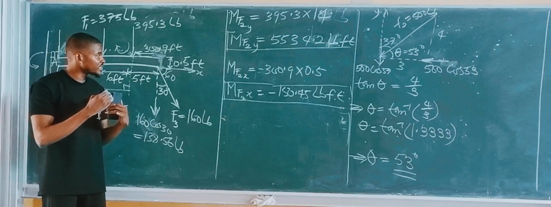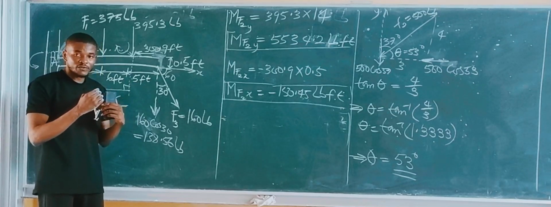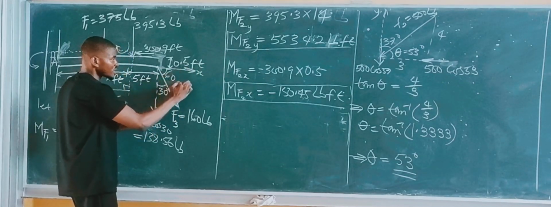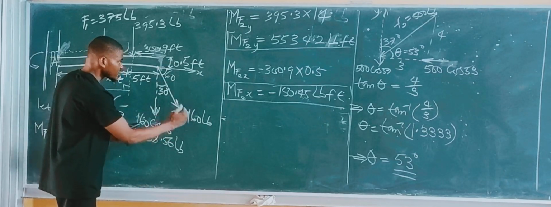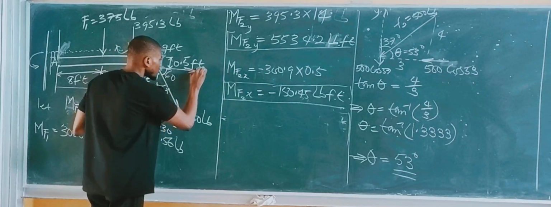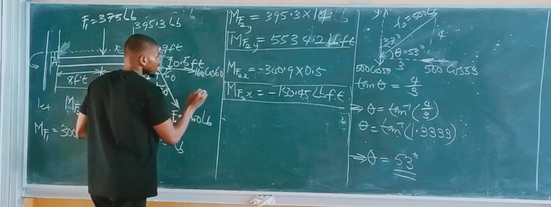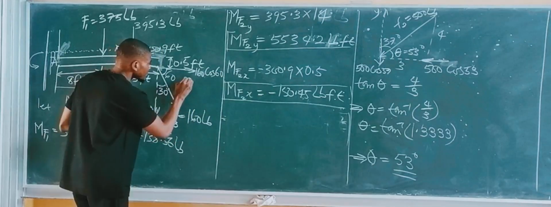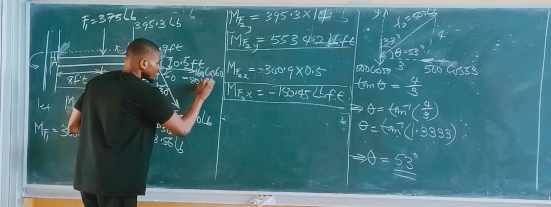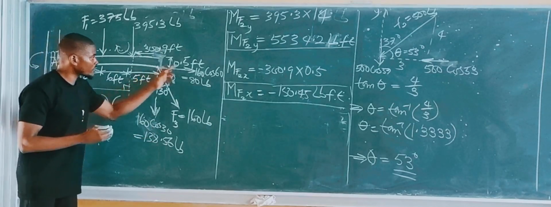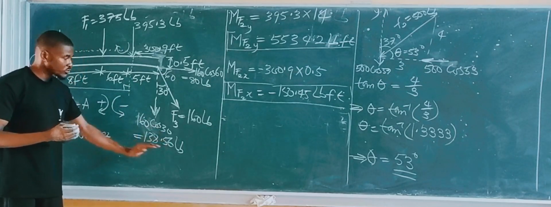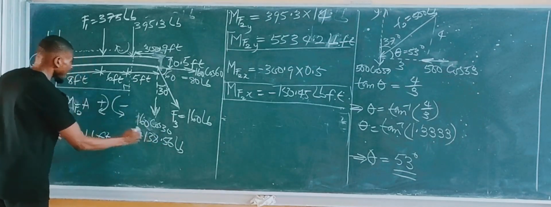So I'll have 160 cos 60, which gives 80 pounds. So the horizontal component of the force is 80 pounds, while the vertical component is 138.56 pounds.